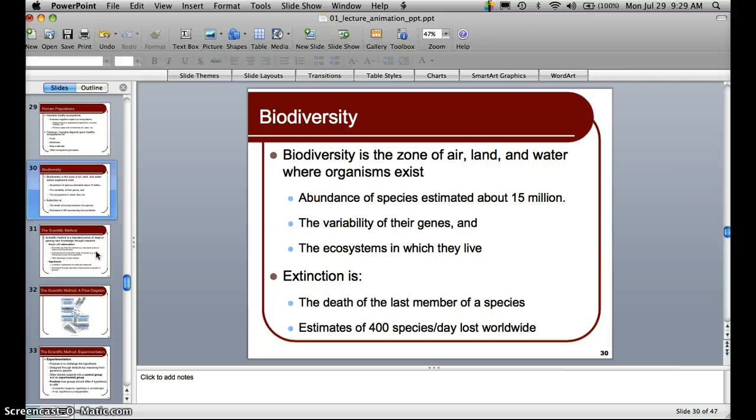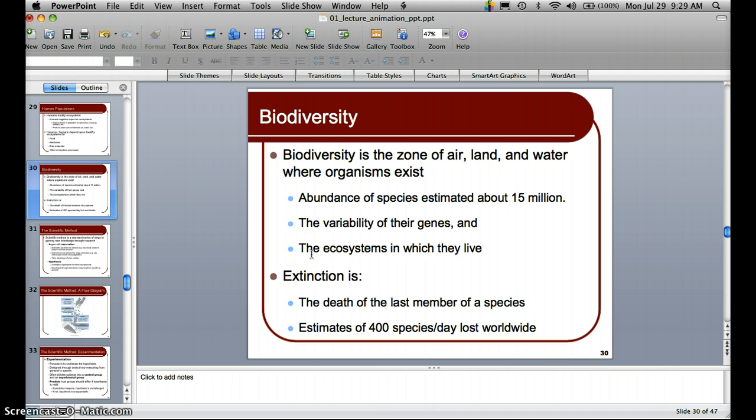So biodiversity is found in the biosphere, the zone of air, land, and water where organisms exist, and includes the abundance of species, estimated at about 15 million, the variability of their genes, and the ecosystems in which they live. So here you can see the genetic diversity, ecosystem diversity, and species diversity.